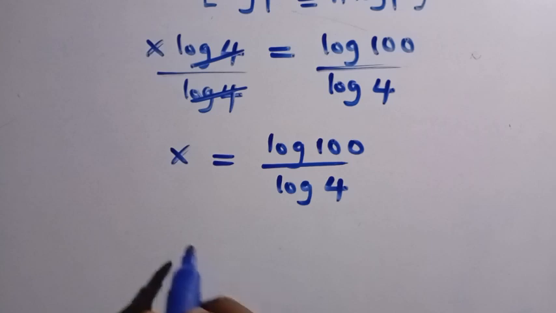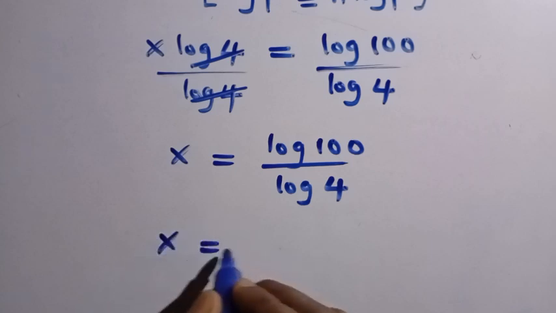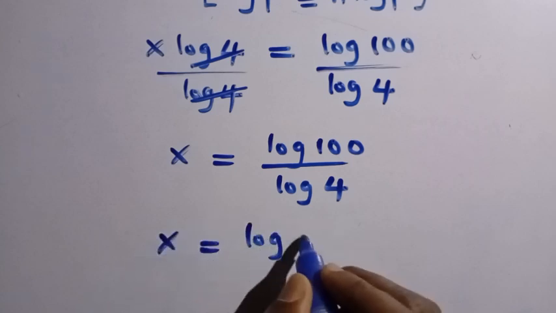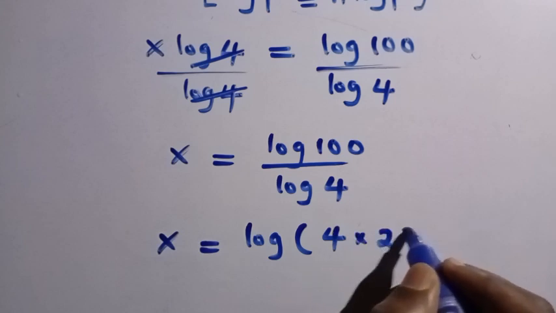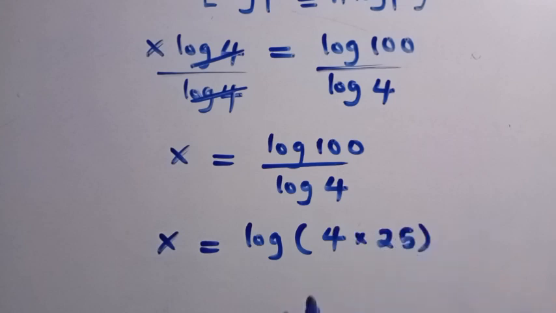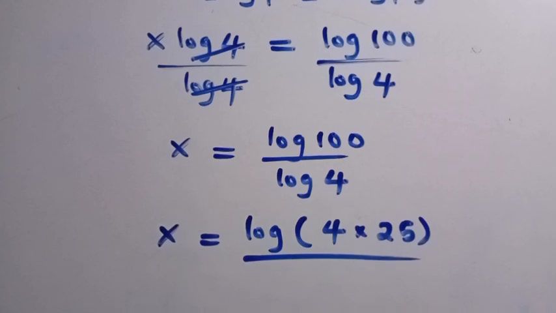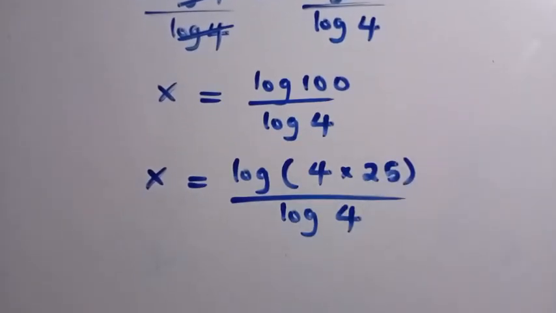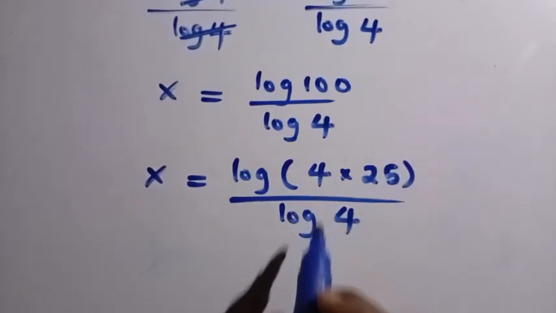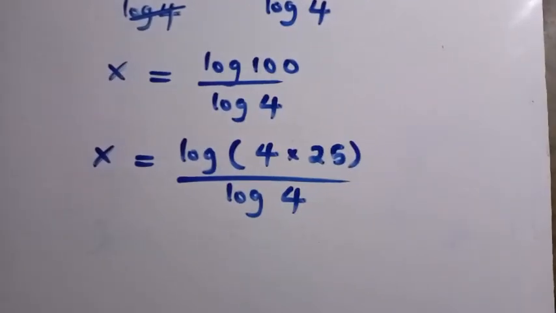But we can break 100 into the product of 4 multiplied by 25, divided by log 4. And when we have a kind of logarithm like this, here is just like multiplication.